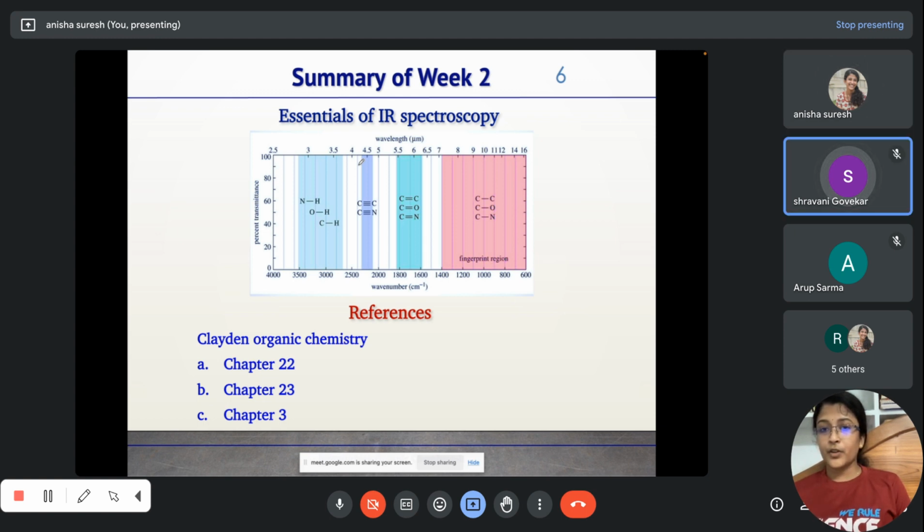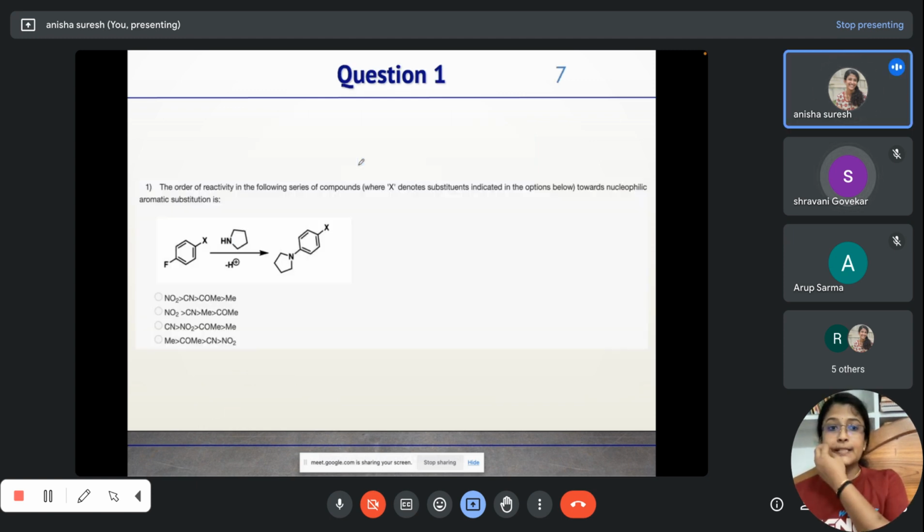Yes, ma'am. Okay. Now coming towards the assignment problems. This is question number 1. What is the order of reactivity in the following series of compounds, where X denotes the substituents indicated in the options below, towards nucleophilic aromatic substitution?